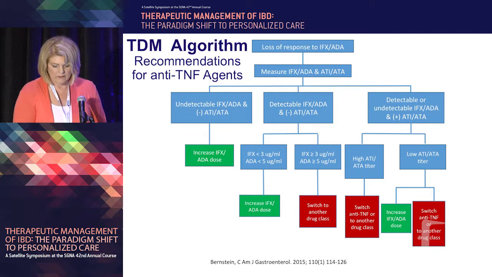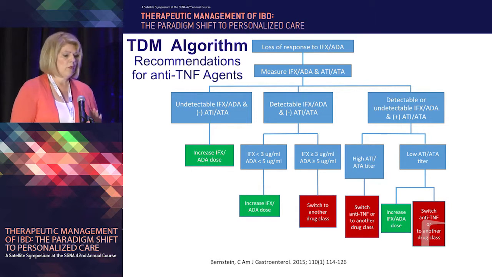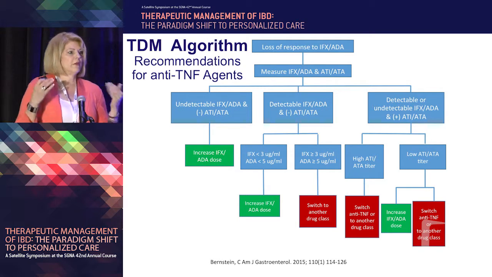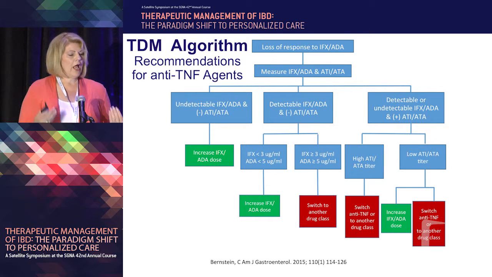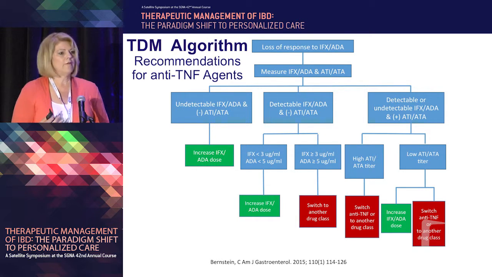You can see in the situation here, high antibody levels, titers are high, switch to another. If they have low antibody levels and titers, you could either try and increase the infliximab or adalimumab or switch to another.